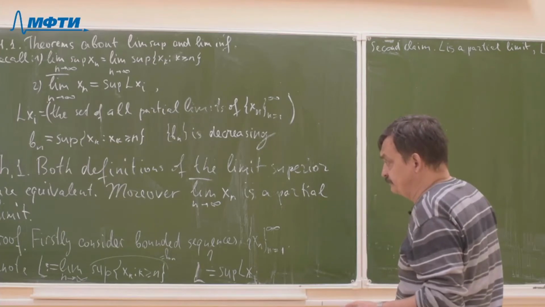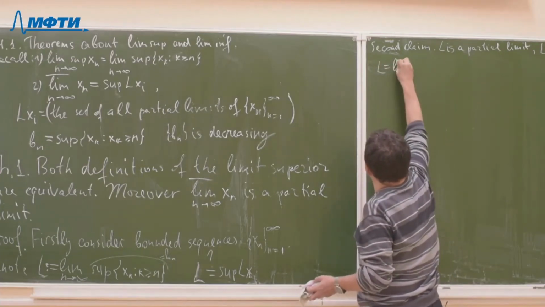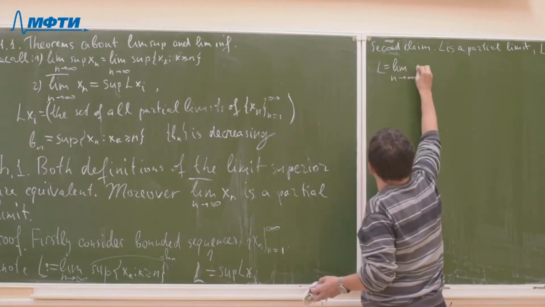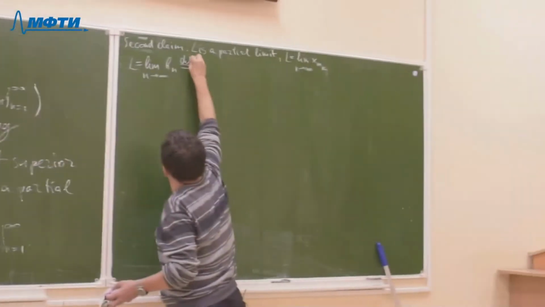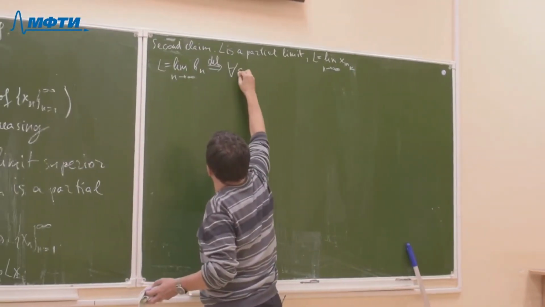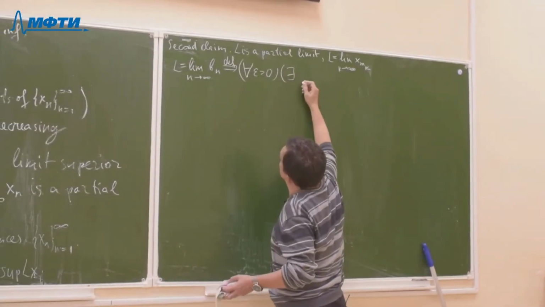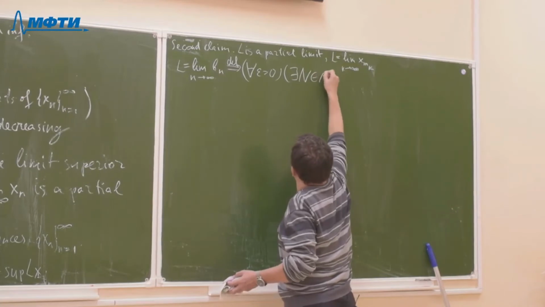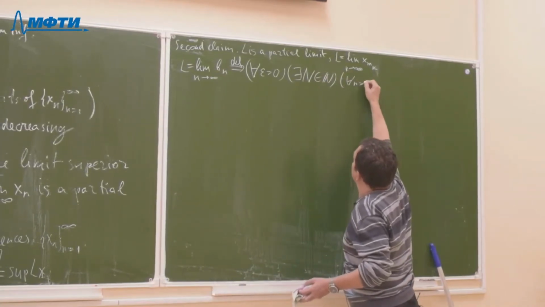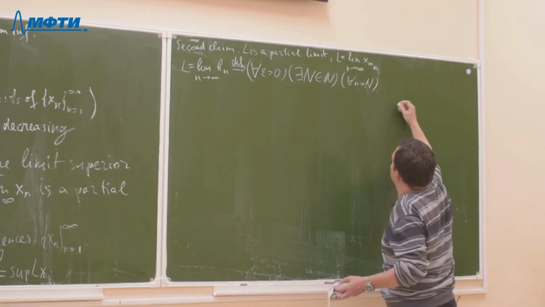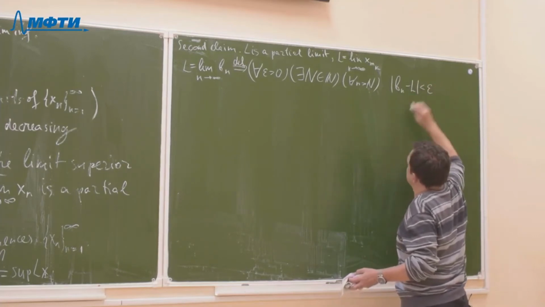I'll write the definition. So L is the limit of the sequence B_n. So by definition, what does it mean? For arbitrary epsilon greater than 0, there exists a natural number N such that for all n greater than capital N, we have the inequality |B_n minus L| less than epsilon.